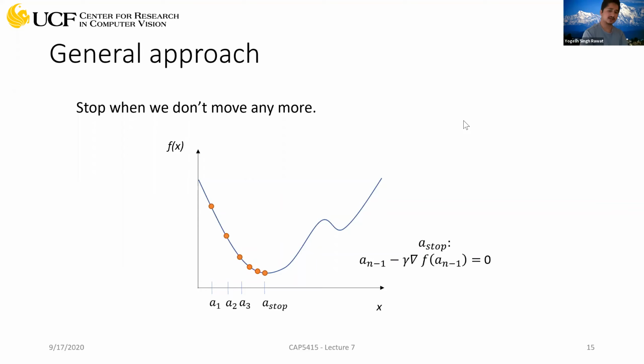So yeah, that's what we are doing, right? We are computing the derivative of the function, and based on the derivative or whatever value we are getting, we are moving our point on this curve, and that will lead us to the minima or the point which we are looking for.